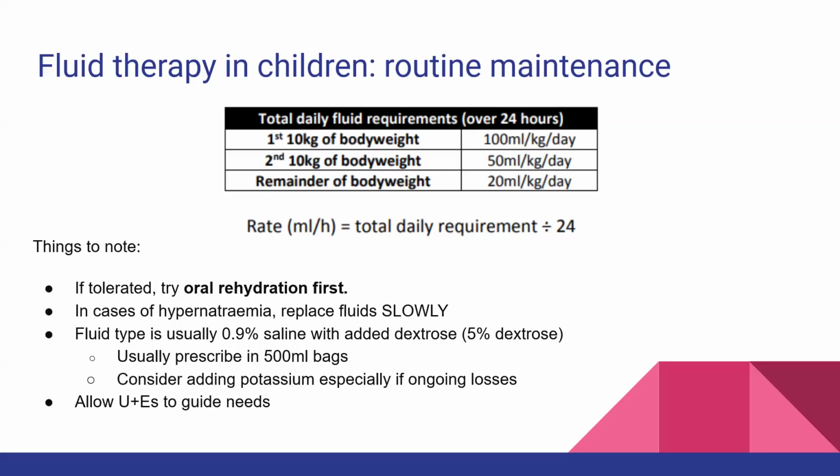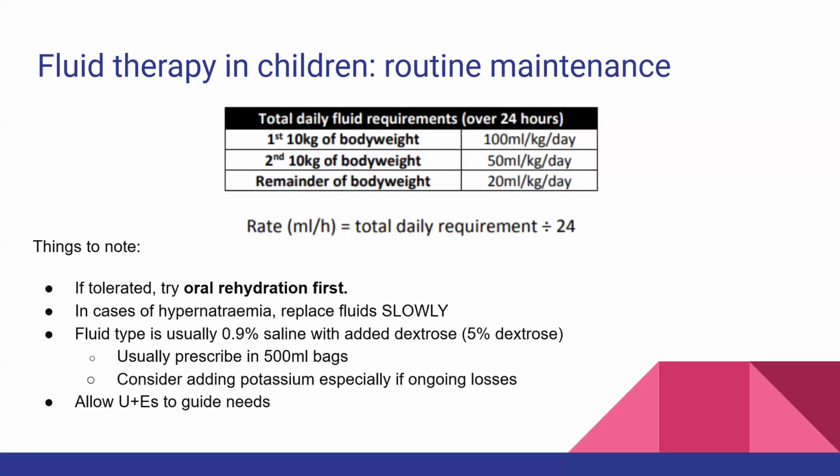If it's maintenance only, if they are fully reliant on IV fluids for maintenance, then you would probably add potassium. I believe I saw a Whittington guideline say 20 millimoles per liter, and that matches up with what the prescribing lecture says.